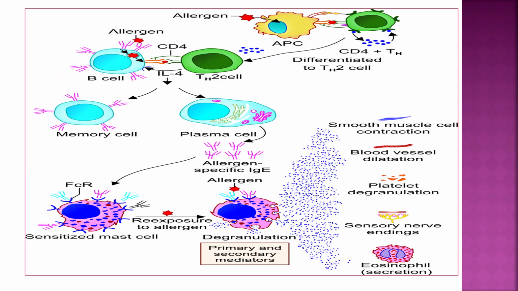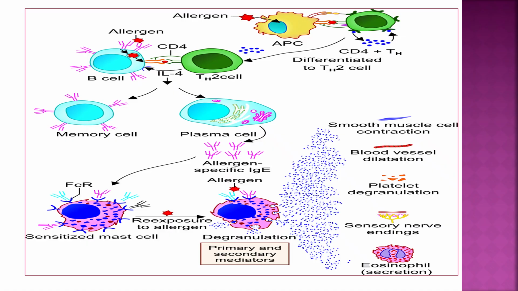To summarize the mechanism: the allergen is exposed to the antigen presenting cell, then CD4 positive T helper cells differentiate into T helper 2 cells, which secrete interleukin 4, which sensitizes B cells. The B cells are converted into memory cells and plasma cells.